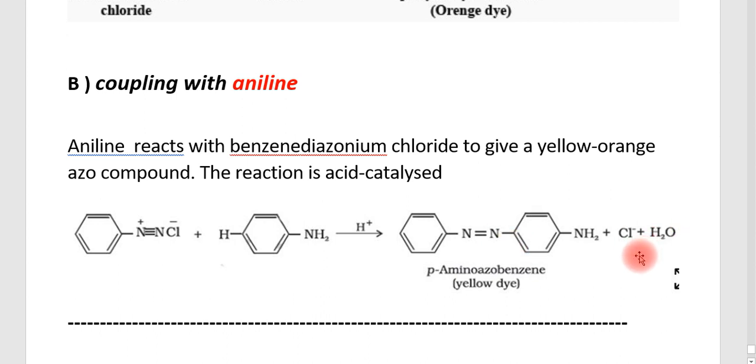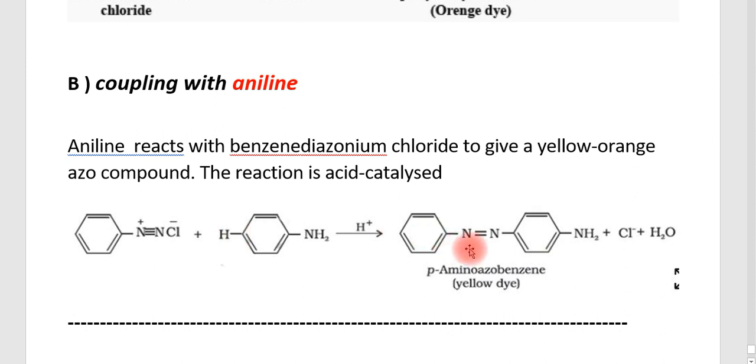And if it is warmed at 40 degrees Celsius, then that diazoaminobenzene is converted into the product given here, para-aminoazobenzene. So in this reaction I write the direct reaction here. I think it is enough for you.